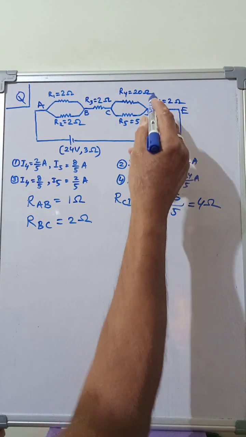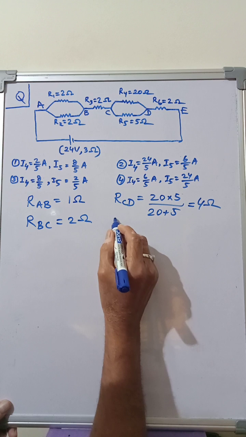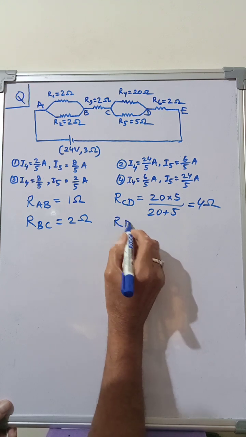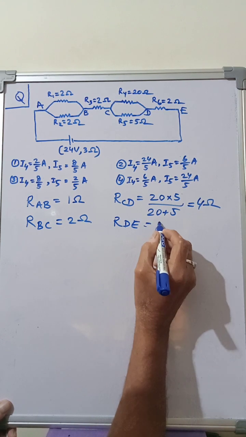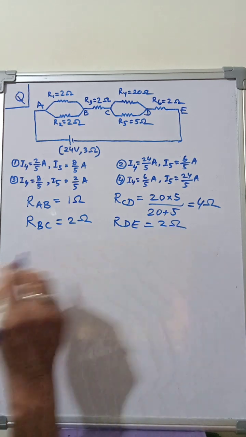Between points D and E, there is only one resistance. Therefore, we can write RDE is equal to 2 ohms.